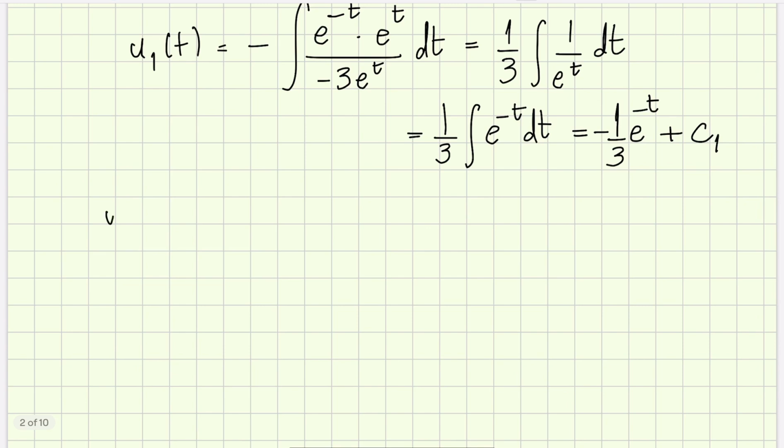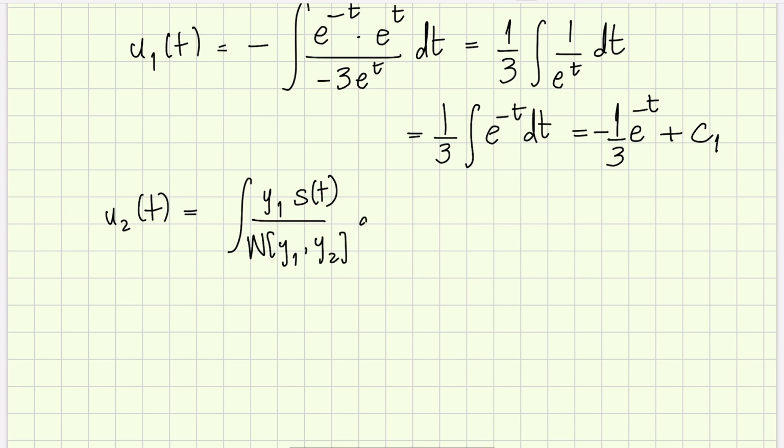Let's do u2. Now this is y1 s of t all over the Wronskian of y1, y2 dt. So this is the integral of e to the power 2t, which is our y1, times e to the power t, which is our s of t, all over negative 3e to the power t dt.